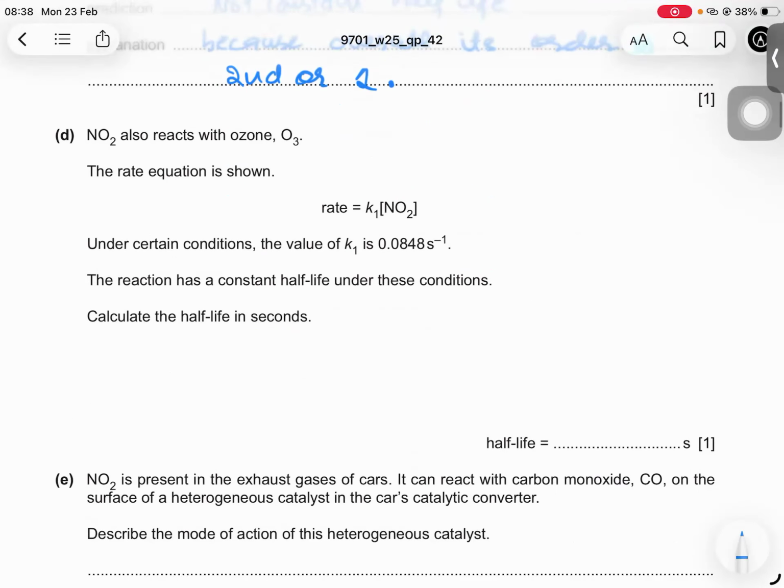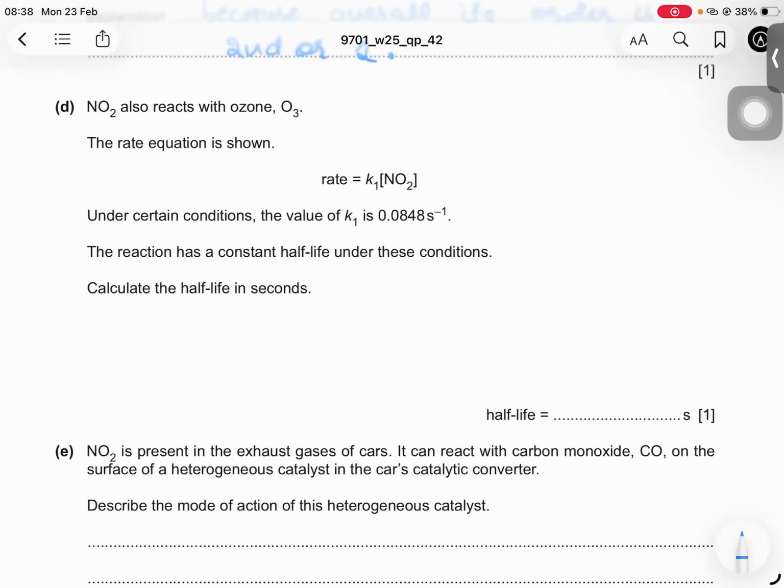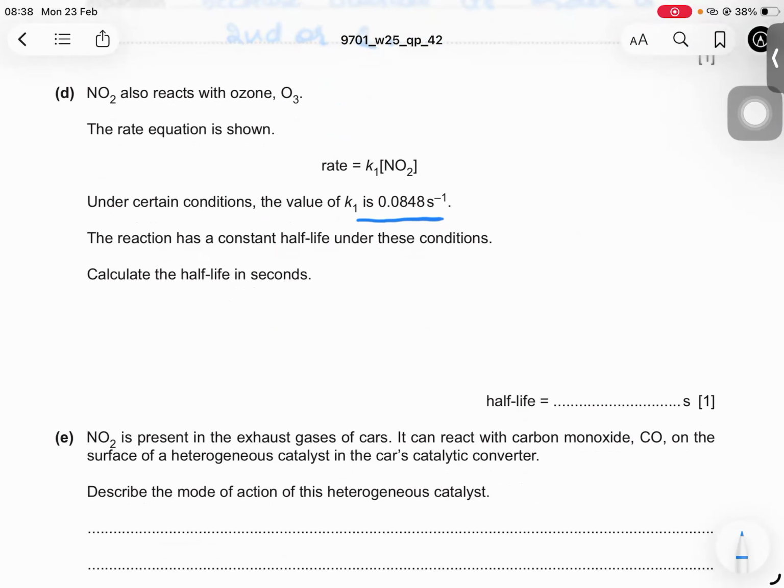NO2 also reacts with ozone, O3. The rate equation is shown here. Under certain conditions, the value of K1 is this. The reaction has a constant half-life under these conditions. Calculate the half-life. So now we have the value of K given. So we can use that formula, does anyone remember what it is?